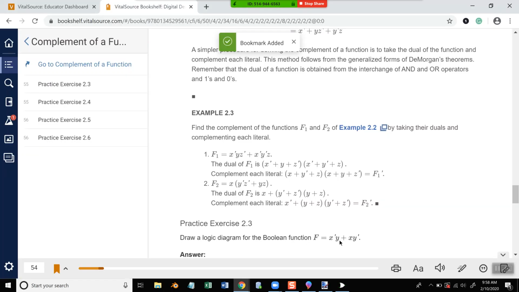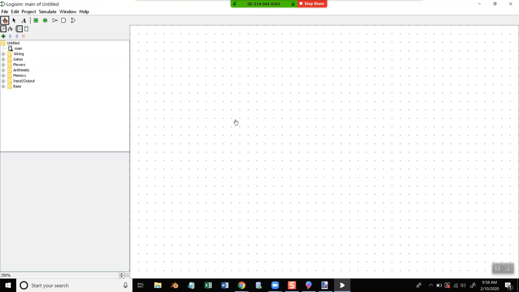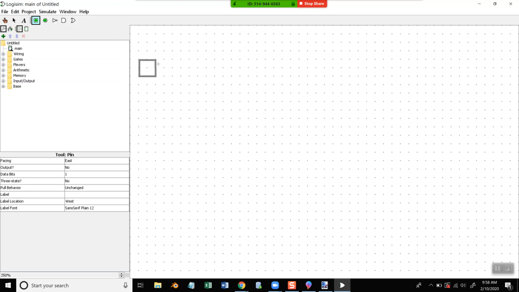It looks like we're gonna have X and Y come in.